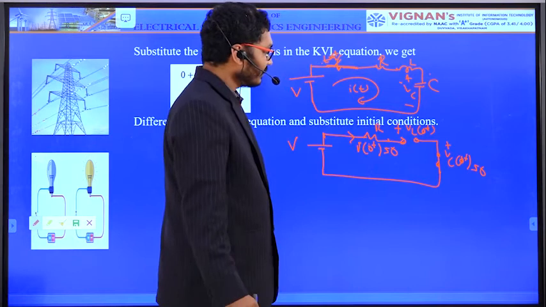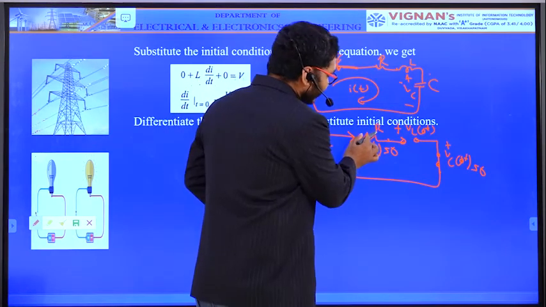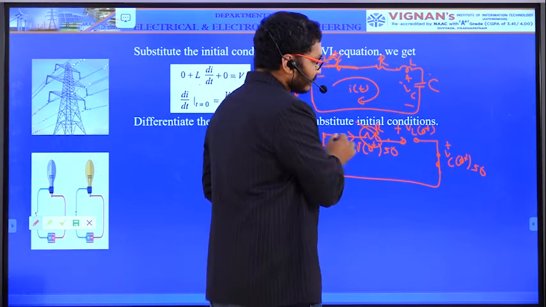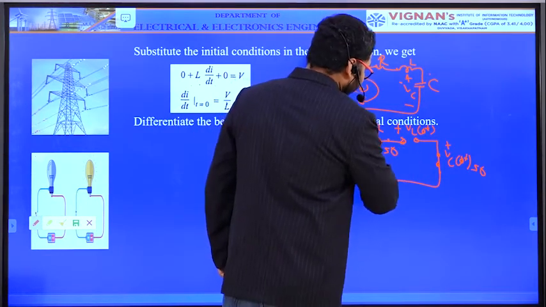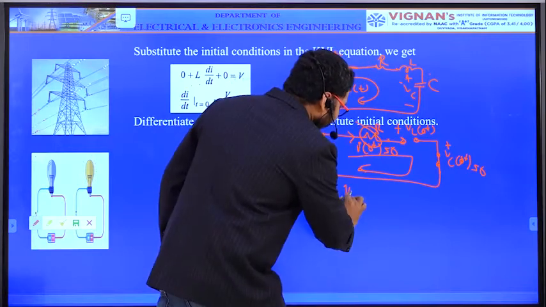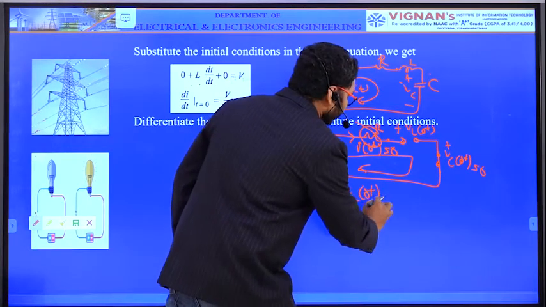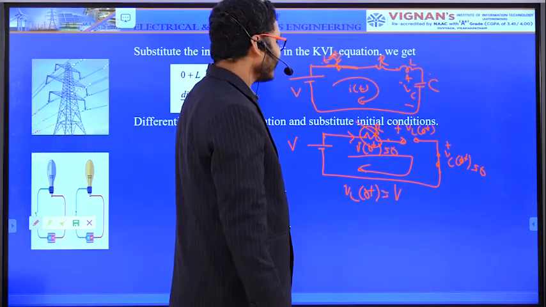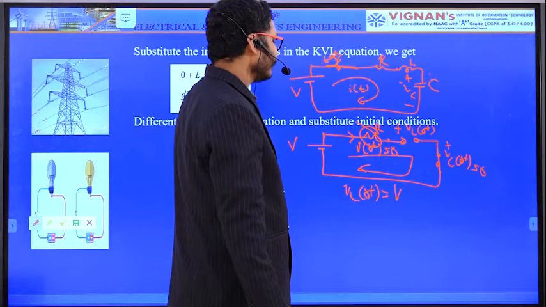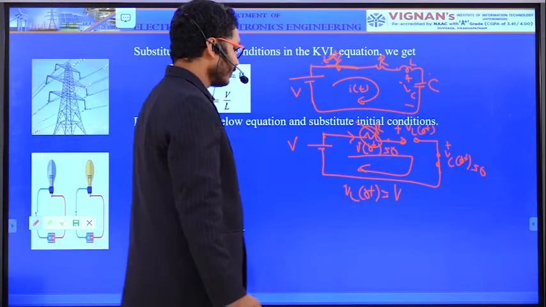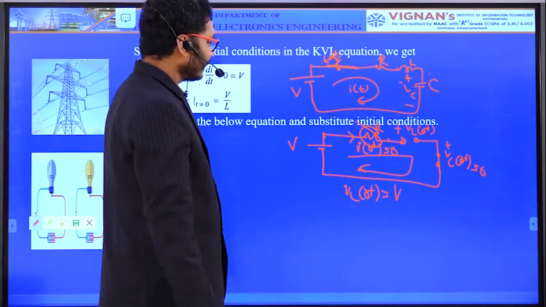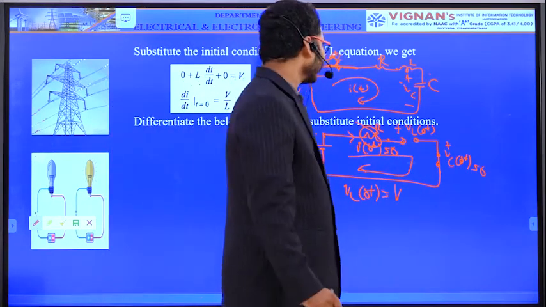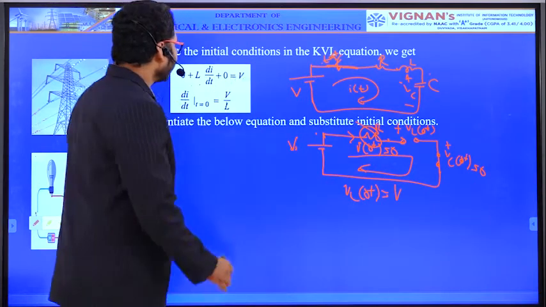So now tell me, what is the voltage drop here? Voltage across resistance is 0, because current is 0. So if you apply KVL here, you will get VL of 0 plus equals to V, because this voltage appears across the inductance.